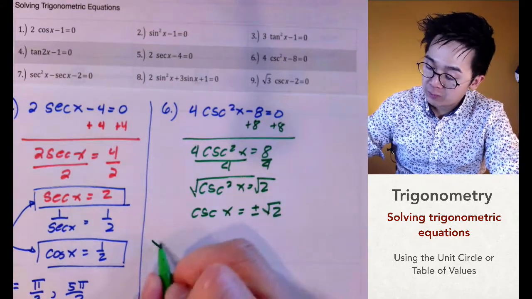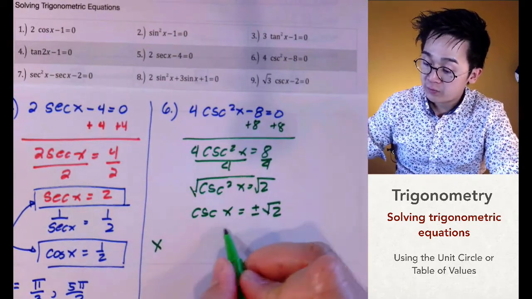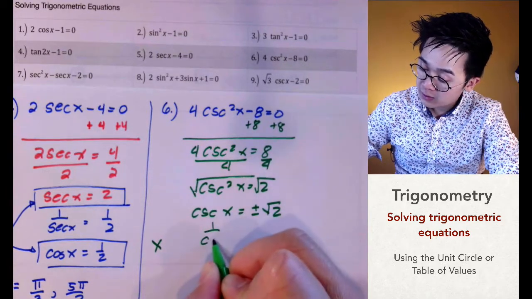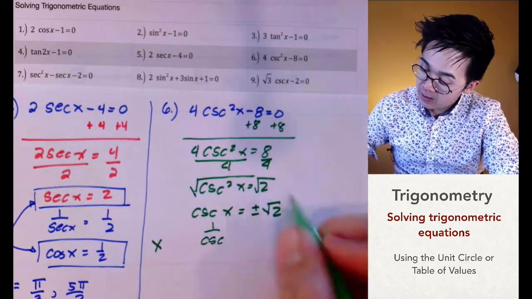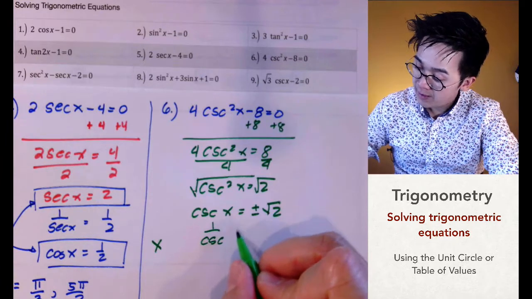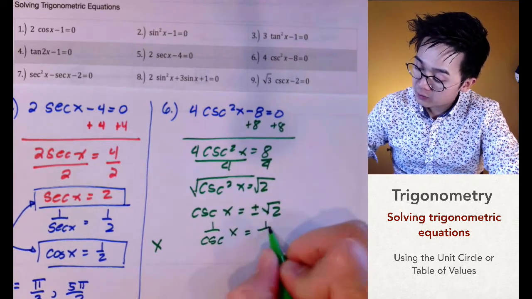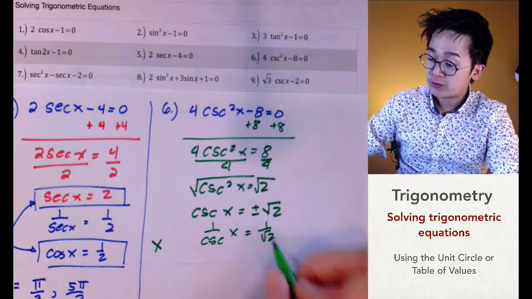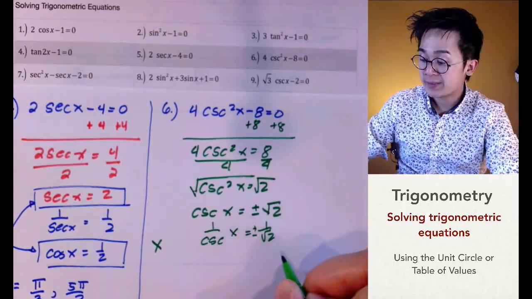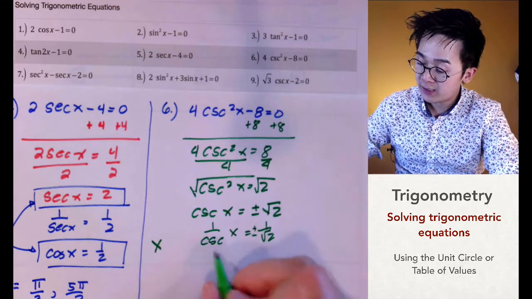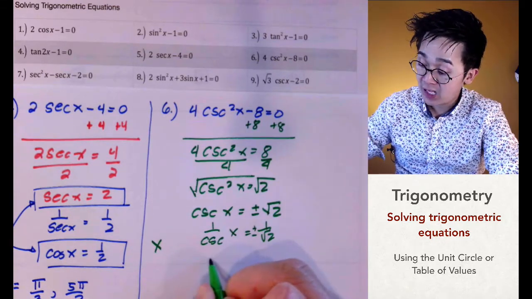So now we're going to be looking for the inverse of cosecant, which is 1 over cosecant x equals 1 over square root of 2, plus or minus. And the inverse of cosecant is going to be sine.